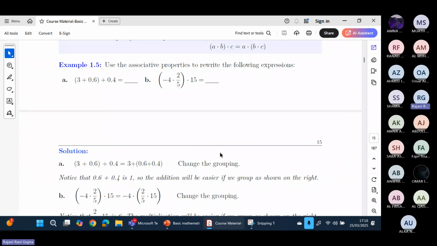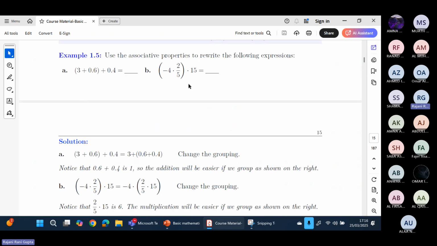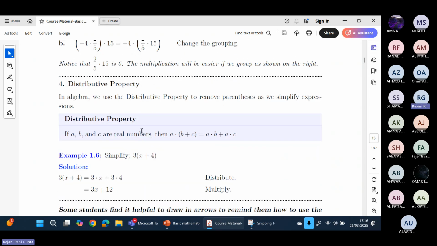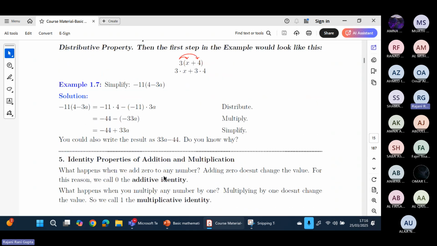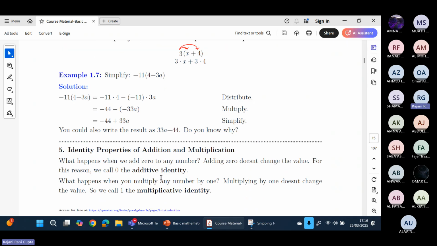So what I suggest you to do is, once you finish everything from the notebook that we did in the class, open this book and see the solved examples. Distributive property. A multiply B plus C, so A multiply B, A multiply C. I think now you will remember distributive because you are using it even in polynomials.